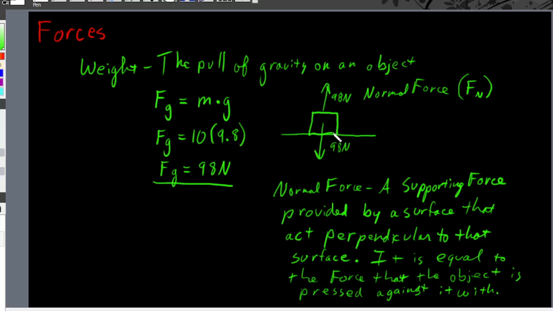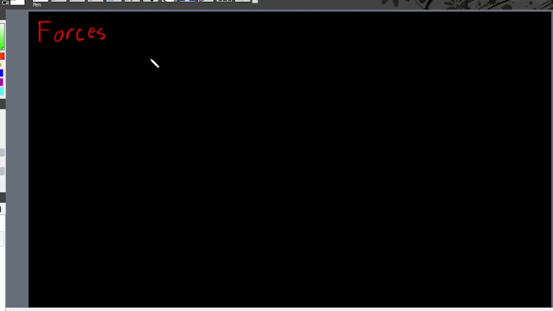All right, the last thing that I want to talk about today in this introduction is something called a free body diagram. And a free body diagram, you've already seen a couple of them. A free body diagram is just a basic sketch.